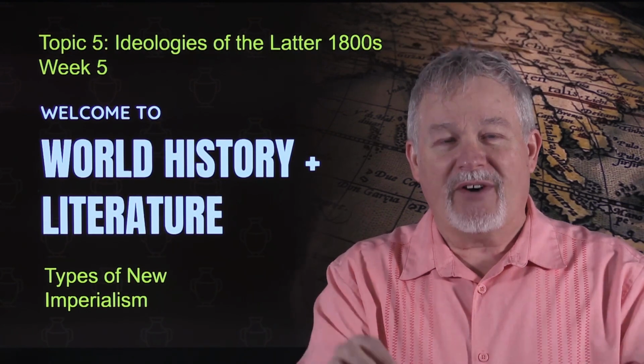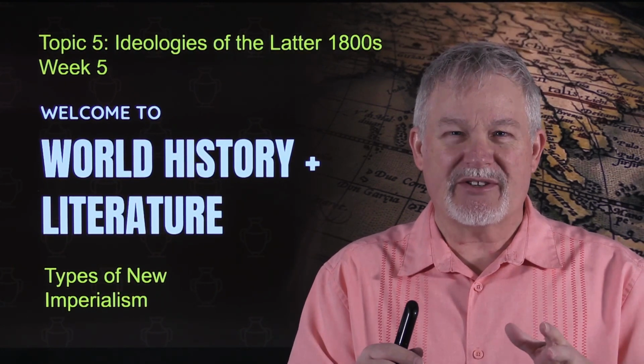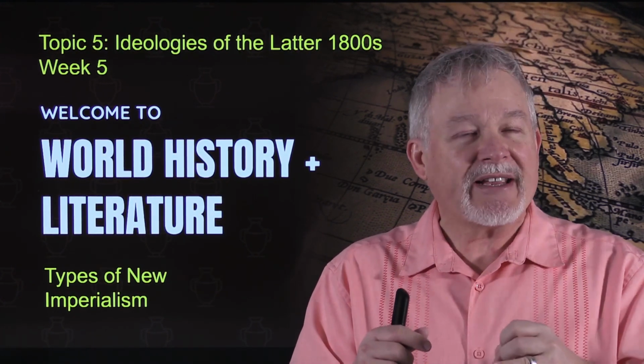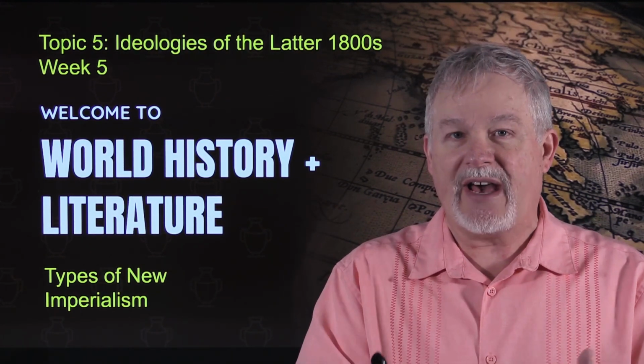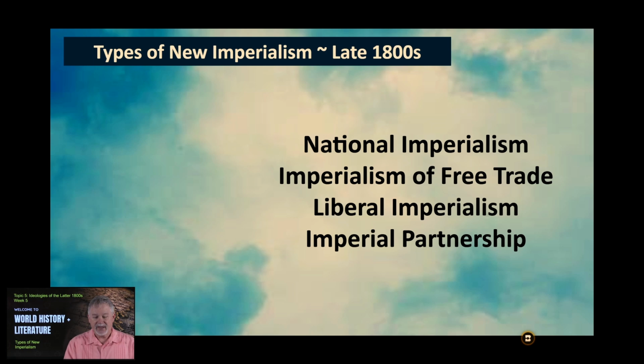Now we're back, week 5, and we're looking at types of new imperialism. We've talked a little bit about the first two, but the second two you are probably not very familiar with, and I want to get into that as well. So without further ado, let's get into part 1. The four that we're going to talk about: the first two, as I said, you are probably very familiar with.